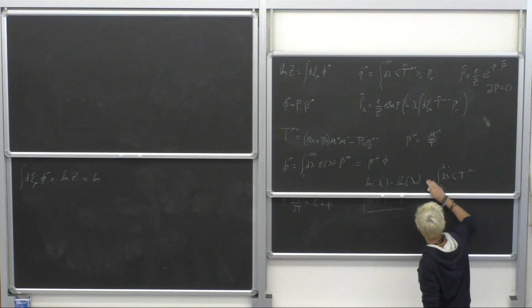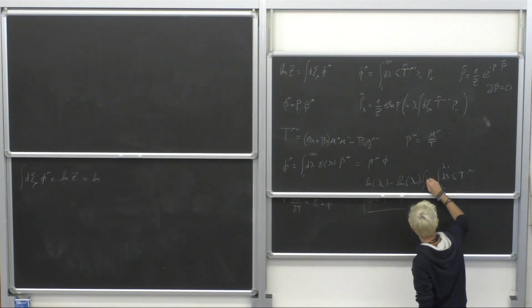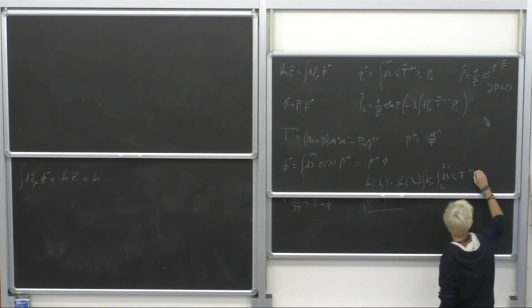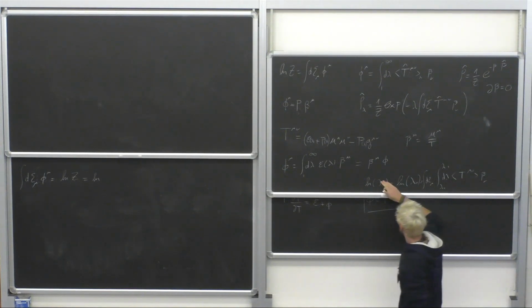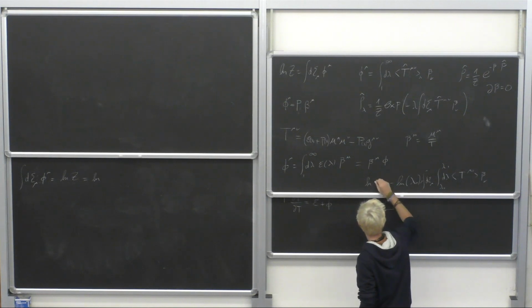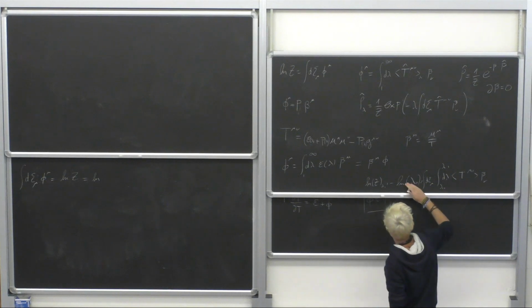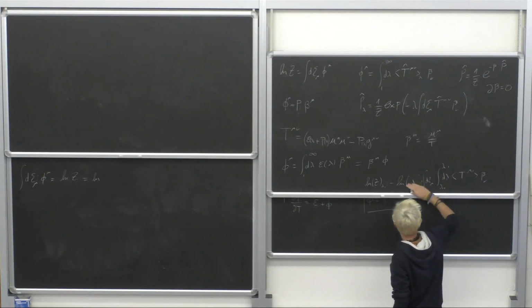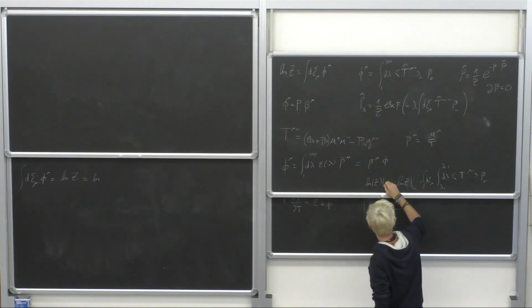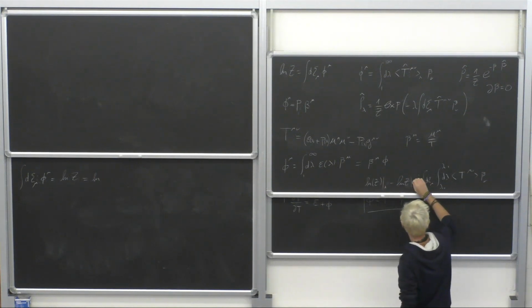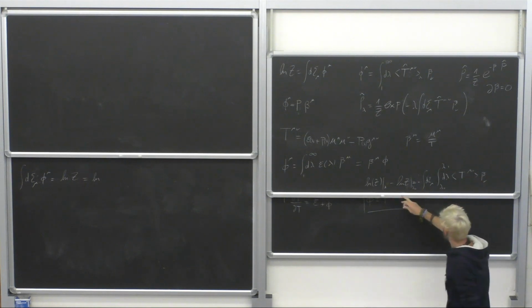Yes, and there is an additional integral here. So this is, I guess, sorry, this logarithm of z at lambda 1 minus logarithm of z at lambda 0. And I guess there is a minus here because of the density operator.